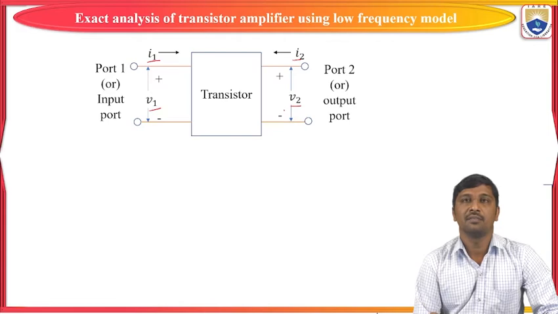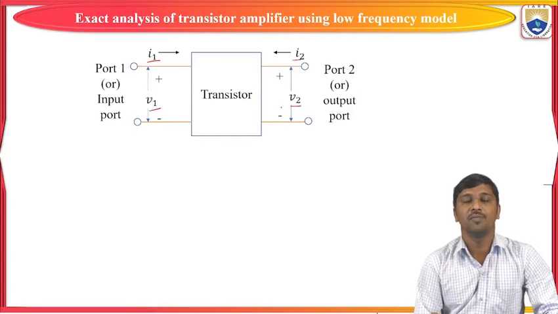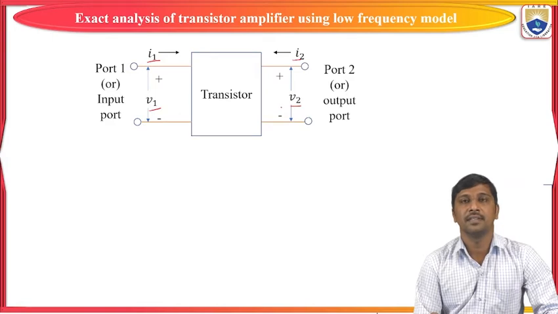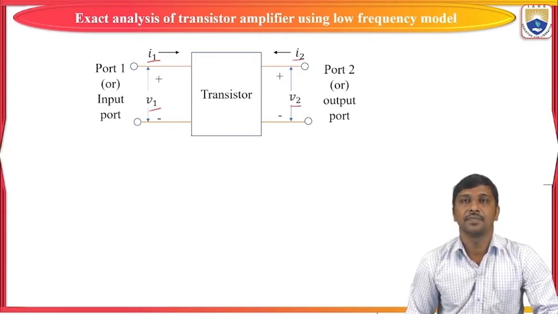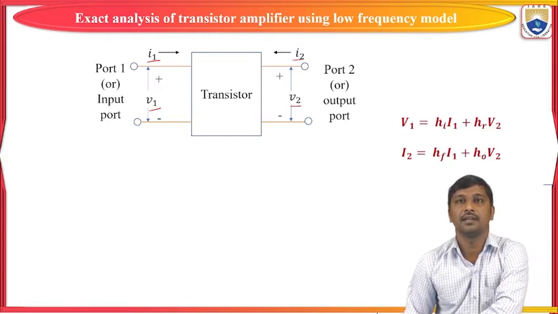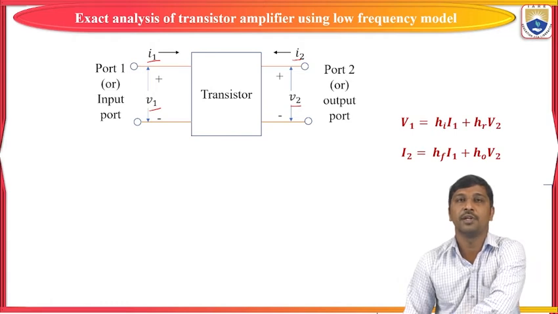From these four parameters, we identified that two are independent parameters and two are dependent parameters. If you want to represent a small signal model, the two dependent parameters are represented in terms of the two independent parameters.